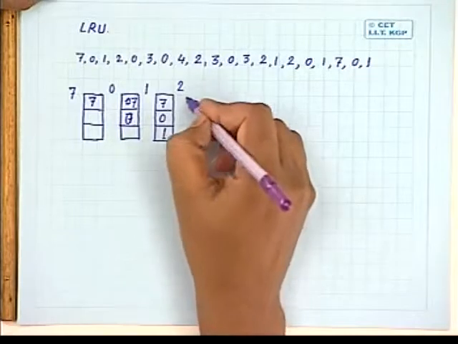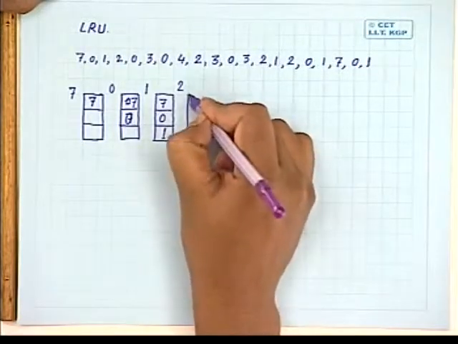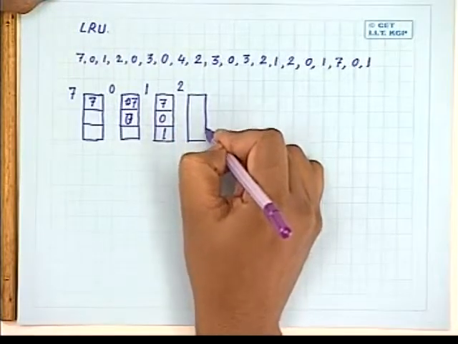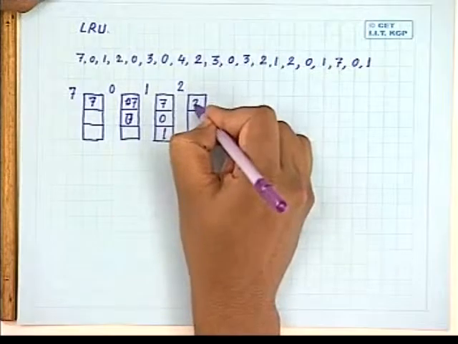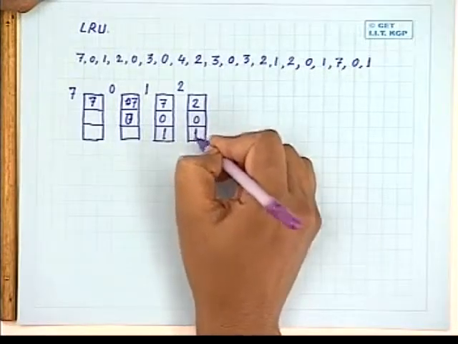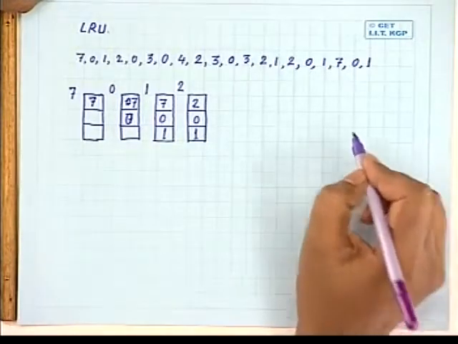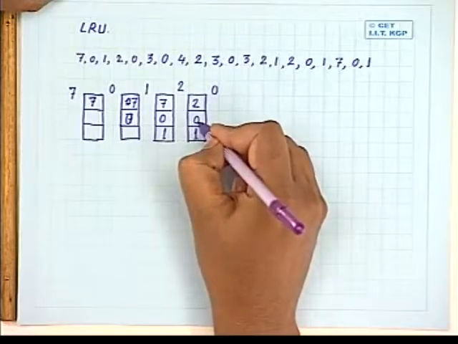So we will replace page number 7 with page number 2, and incidentally in this case it becomes identical with the FIFO algorithm. The situation remains like this, that is 2, 0, 1.